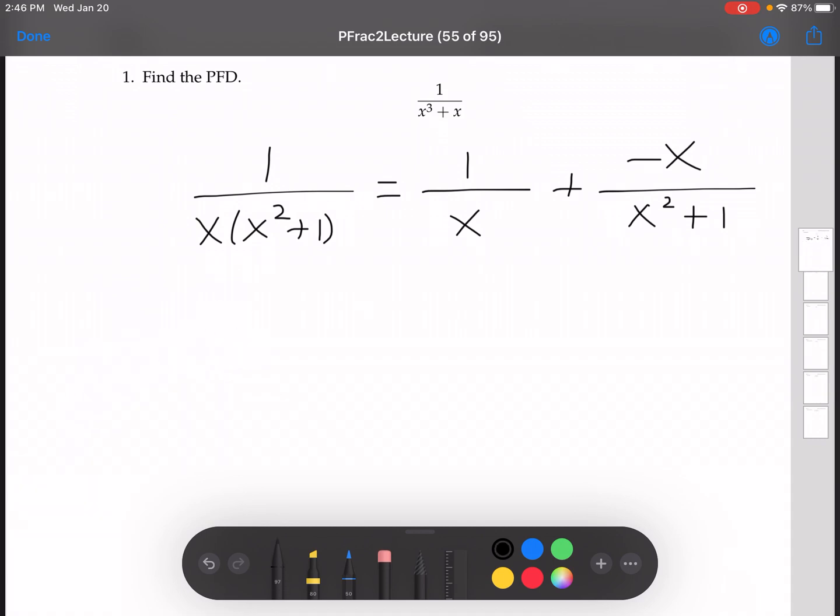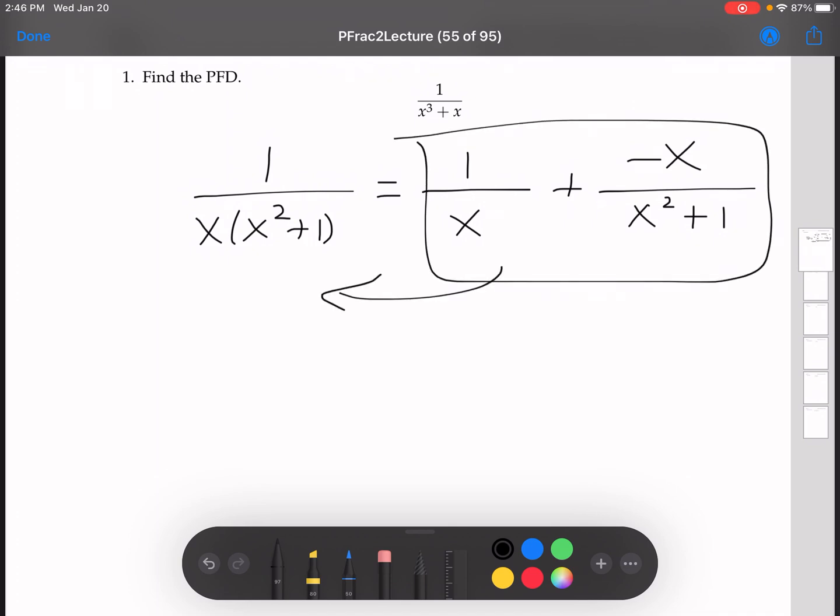And now if we want to check our work, we can see, does this side actually, when we do the math, when we do this addition, does it actually equal this side? So let's do that.